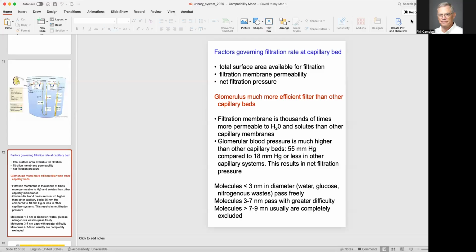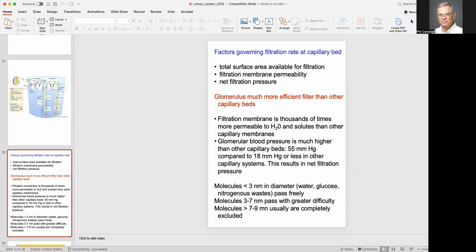The afferent arteriole is a bigger vessel, i.e. it has a larger radial luminal area than the efferent. What does that mean? That means that there's a pressure buildup here. Okay? So if there's a size difference going in, it's a bigger hole and then it's a smaller hole going out. So that means you're maintaining a higher pressure across the glomerulus. In fact, it's 55 millimeters of mercury. All right?